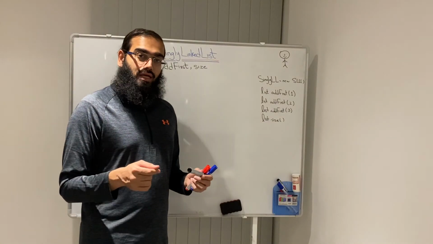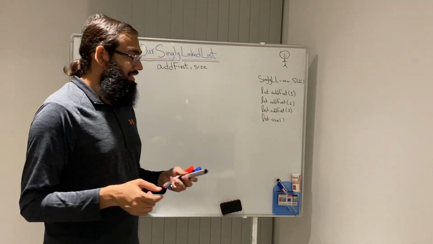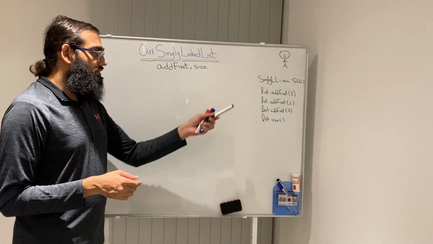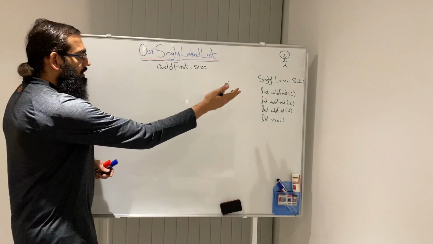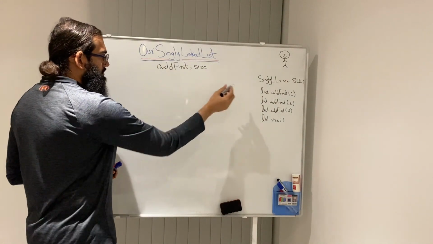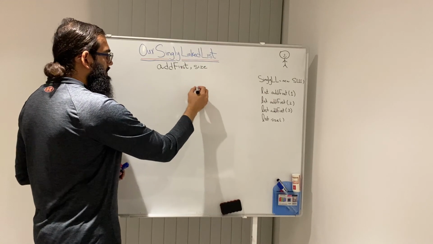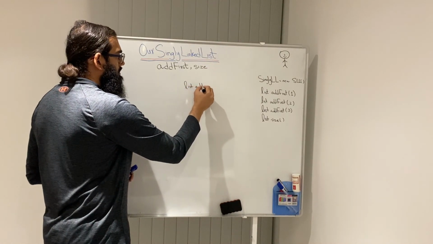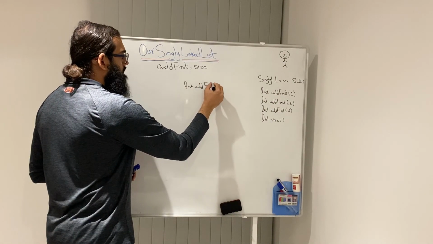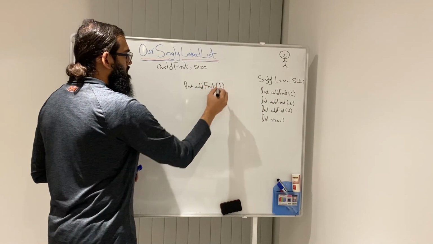Okay, welcome back. I hope you enjoyed the live coding session. So now we will execute some examples and then we will see. In our case, first the client wants to give this input: list dot add first, and the value is 1.